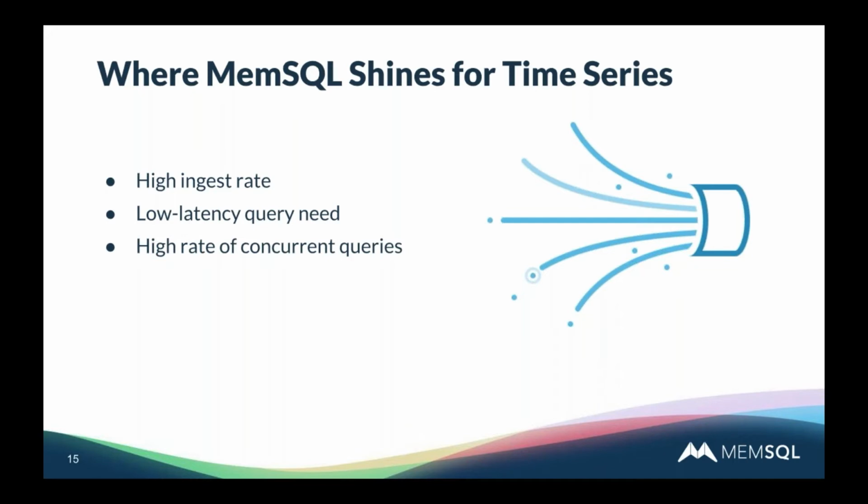Number 2, you need low latency queries, very fast interactive response time for queries. And number 3, at the same time, you've got a high rate of concurrent queries. If you've got these 3 requirements, then MemSQL is a really good choice for time series data.